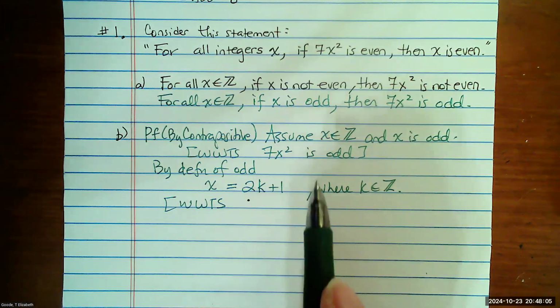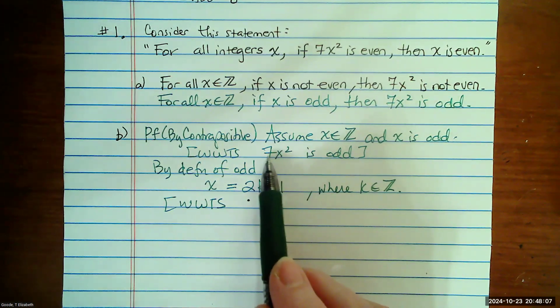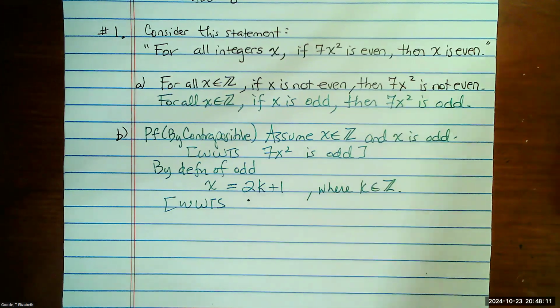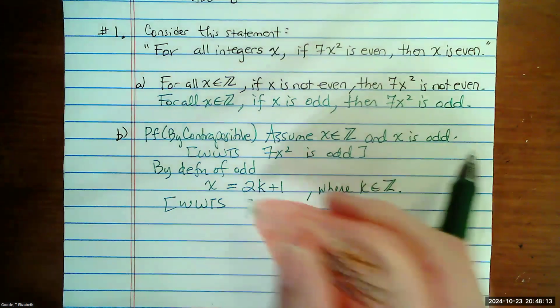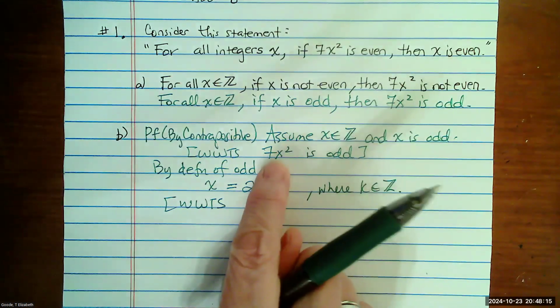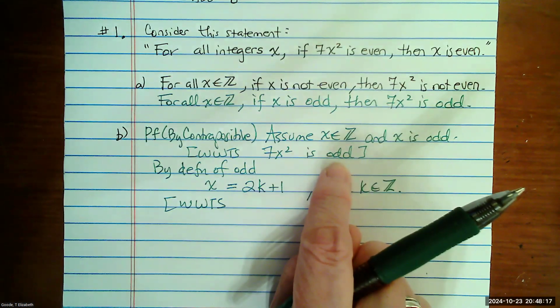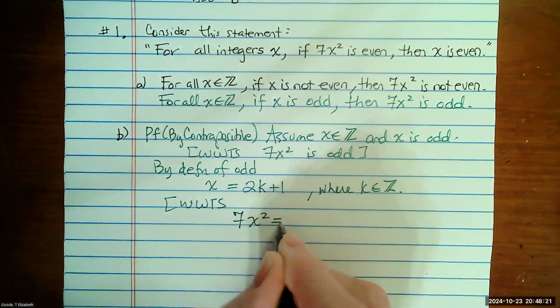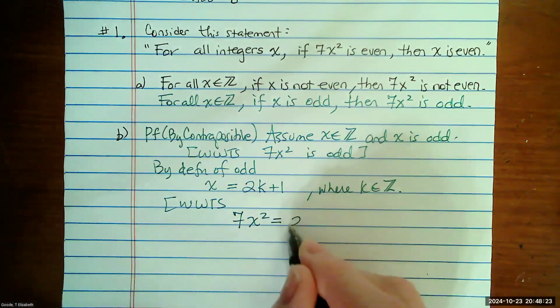Well, that's not the wish that I get when I am trying to show 7x squared is odd, because when I'm trying to show 7x squared has the form of an odd, I need 7x squared to look like an odd number.